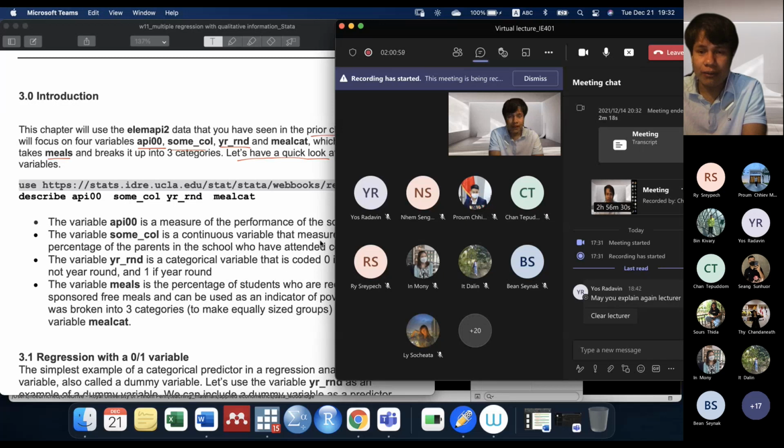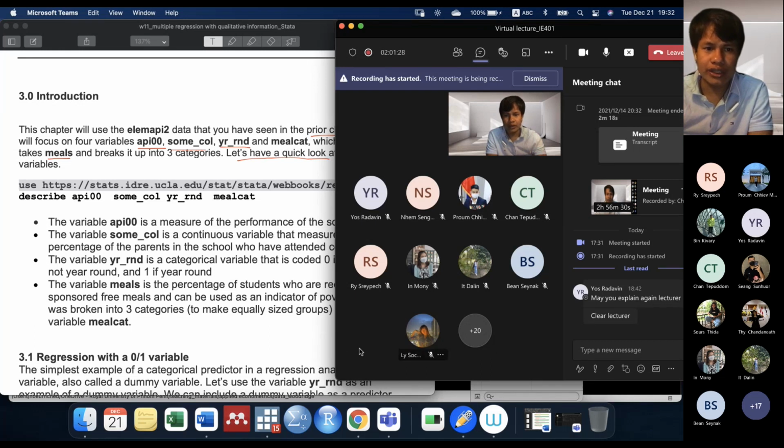The same data set from last time. Either you load from the web or you open it from your directory. The data should be available in your directory by now, right? Okay, I assume that there is no problem with loading your data.